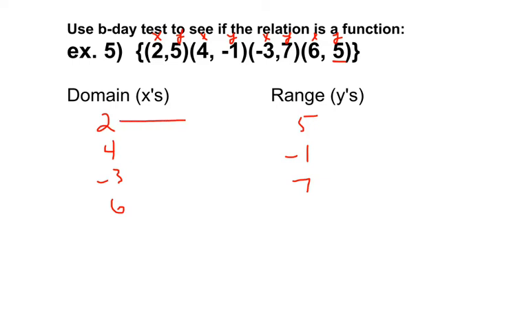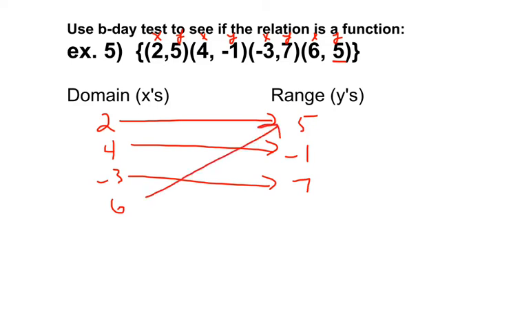So we have 2 maps to 5, 4 maps to -1, -3 maps to 7, and 6 maps to 5. Think to yourself for a minute, is this a function? Most people in class said no it isn't, and they were wrong.